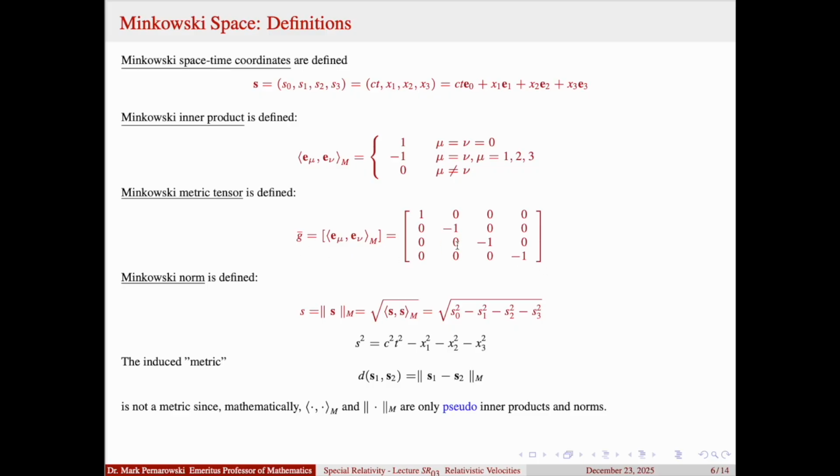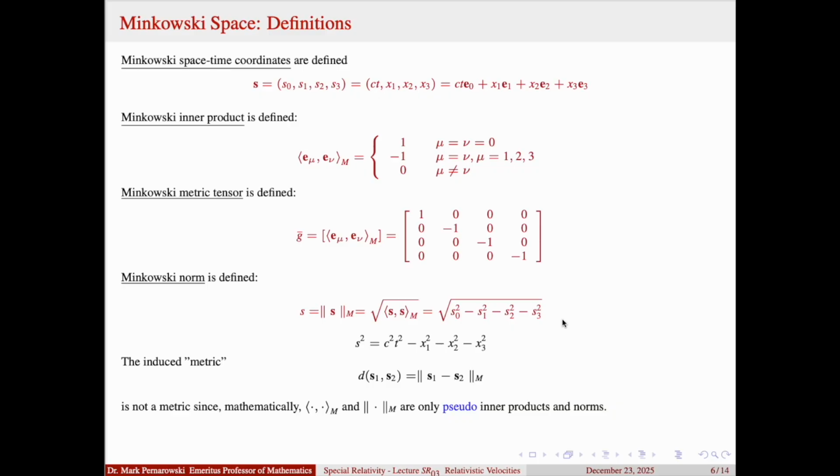If you have a metric, you can also now find the norm or the length of things. So here's a vector S that's in this space. It's a four-dimensional space-time. The way that you define a norm with regard to the metric is you do the inner product of the vector with itself and then take the square root. In this case, for this metric tensor, S being the Minkowski norm of the Minkowski coordinate is this square root expression over here.